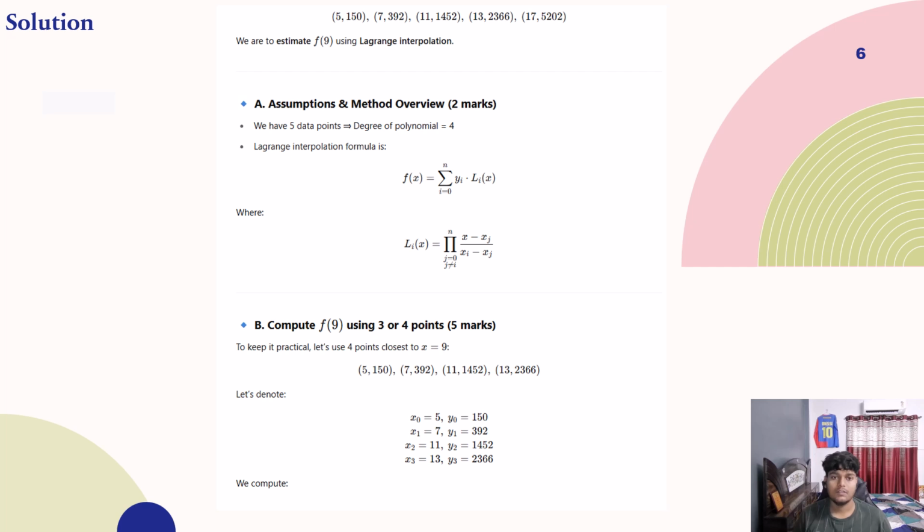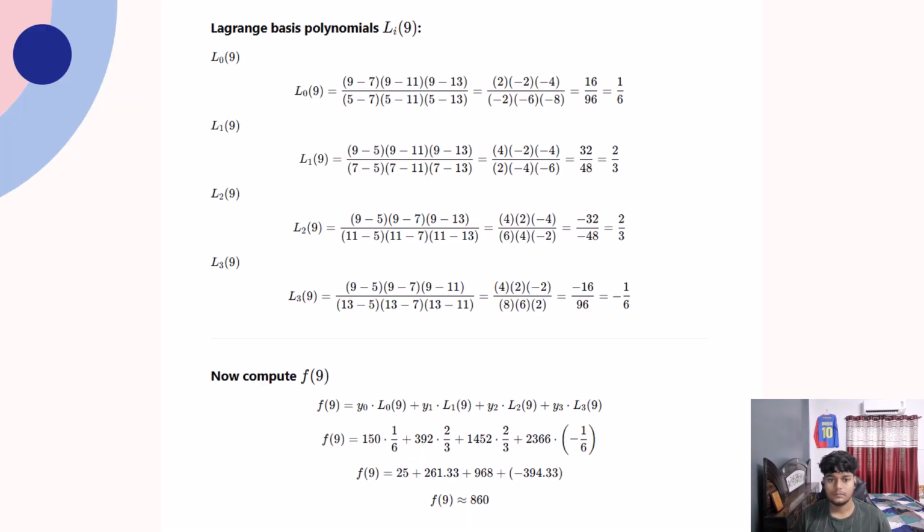Thus, f(9) = 150 × (-2/3) + 392 × (4/3) + 1452 × (1/3) + 23660 + 52020 = -61.33. As you can see in the slides, all the values are written.